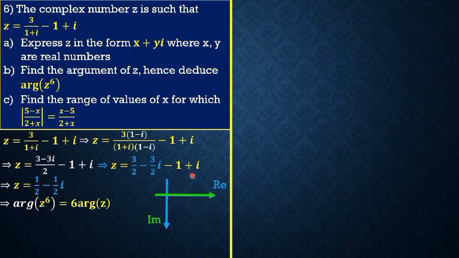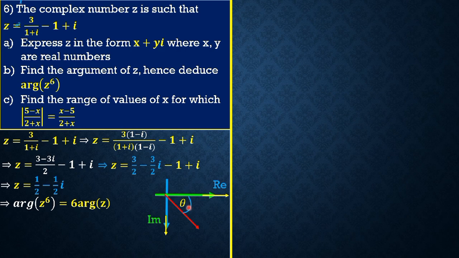Now, 1 half is real, right? So this is where it's going to be found on the positive real axis. Minus 1 half is negative, so it's going to fall on the negative imaginary axis. Means the angle has to be between the positive real axis and the negative imaginary axis. So it is going to be that angle with respect to the positive real axis. So this is going to be the angle theta.